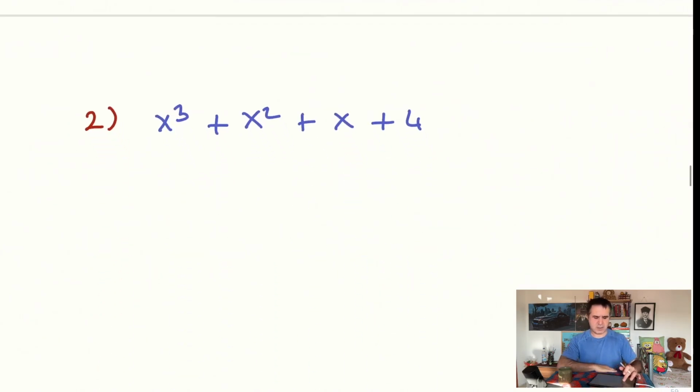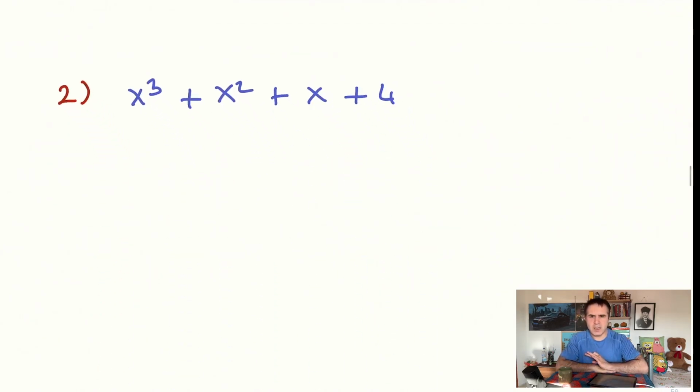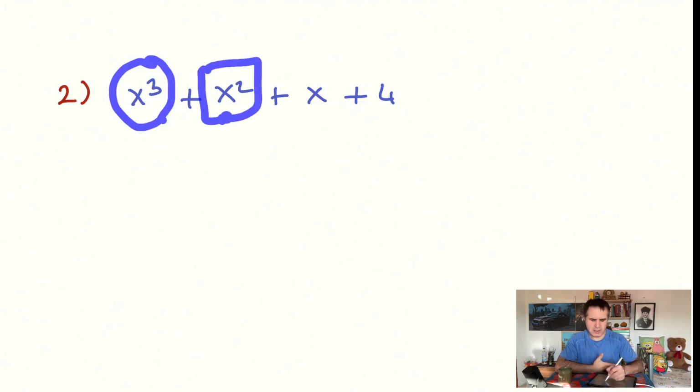For the second part, when taking the derivative of a polynomial function, we consider each term separately and differentiate them one by one. We will take the derivative of x cubed, and then the derivative of x squared, and then x, and then 4.